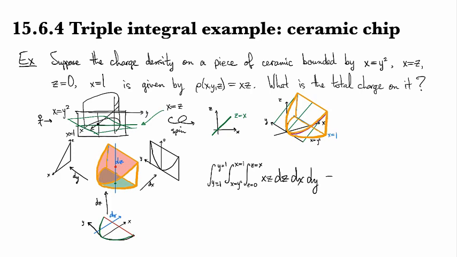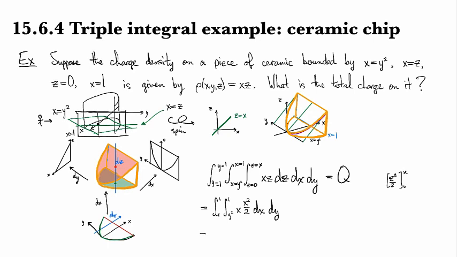So that's going to be the total charge on this object, and just for grins we can go ahead and compute this one. So this is from minus 1 to 1, y squared to 1, and if I integrate that with respect to z, the x part is just hanging out, and z integrates to z squared over 2, from 0 to x, so this becomes x squared over 2, dx dy.